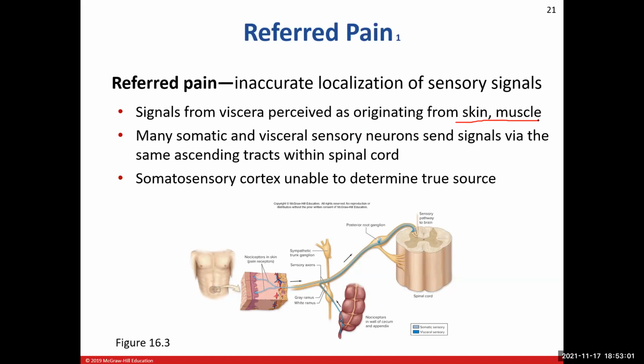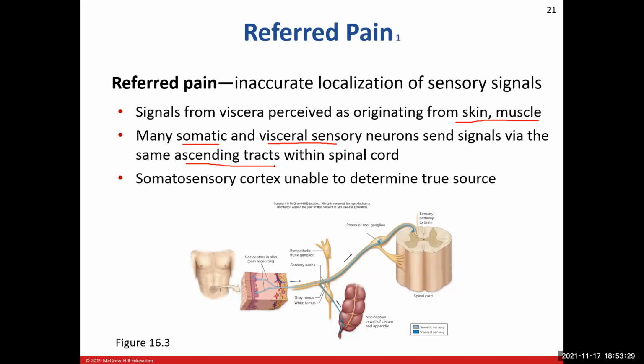So here's the problem. What we see is a lot of somatic sensory neurons and visceral sensory neurons share the same ascending tract within the spinal cord. And so that sensory information that comes from two different areas or structures, I should say, travels up the same ascending tract.